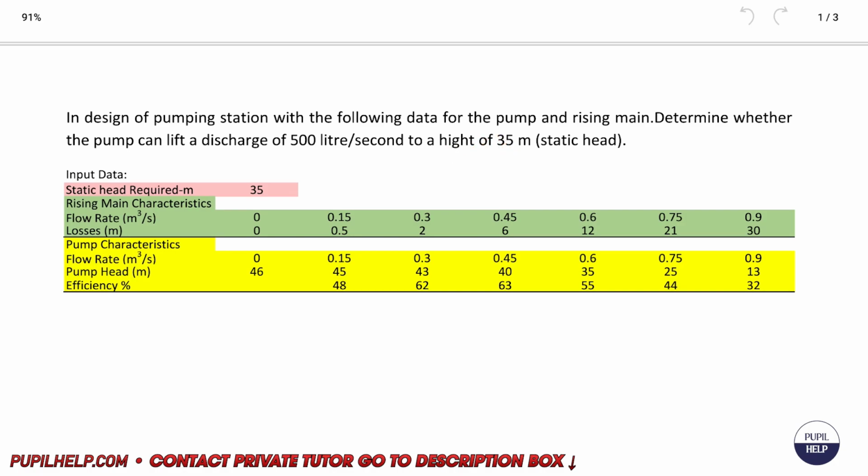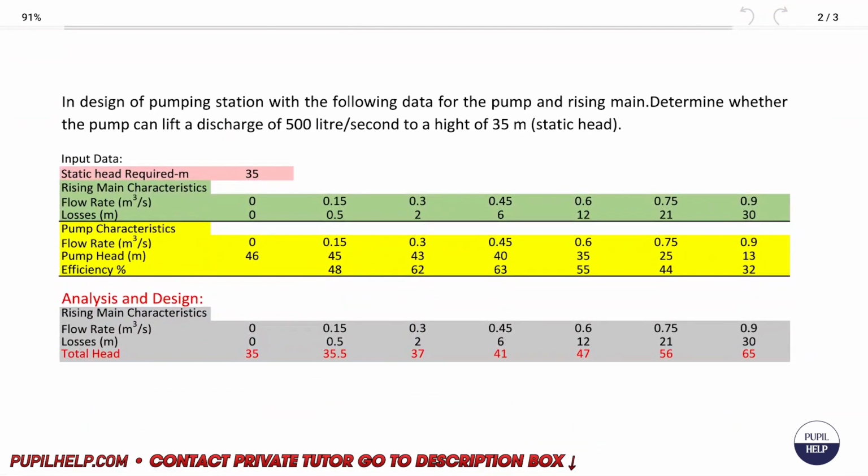Now, the solution. Here, analysis and design. Here, we started the solution. Now, this one is the same as before, except that in this table, we have produced a new table in which there is a total head.